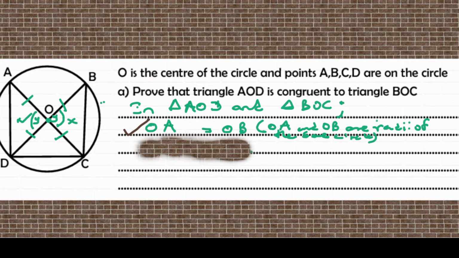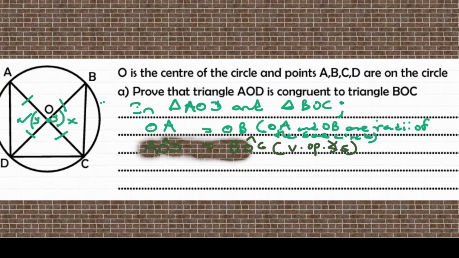That is angle OAD, oh my bad, not angle OAD, it's the angle AOD, where I have marked Y. Angle AOD is equal to angle BOC, vertically opposite angles. Right, we're done with the A, SA.